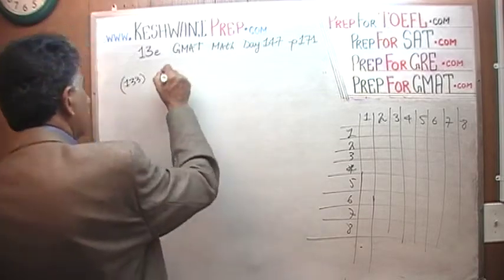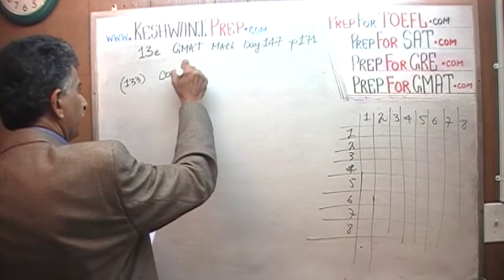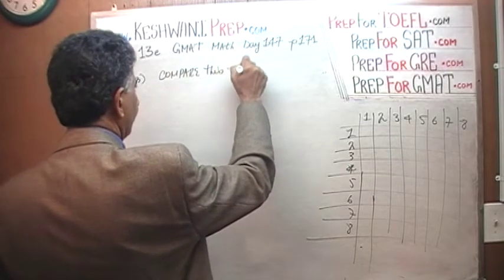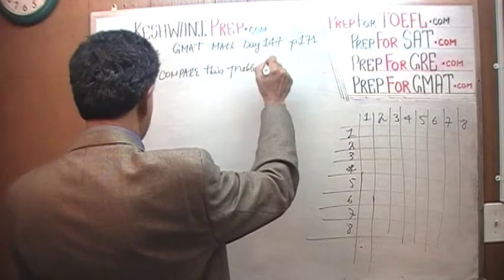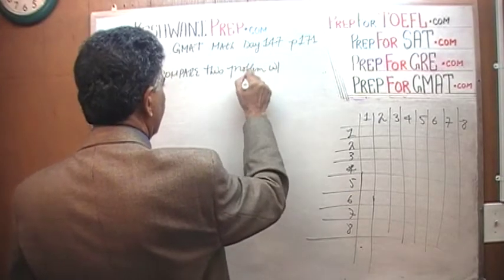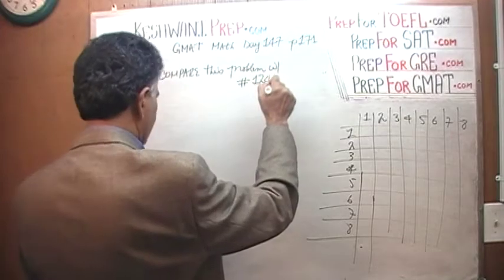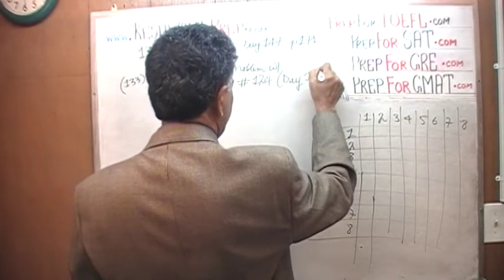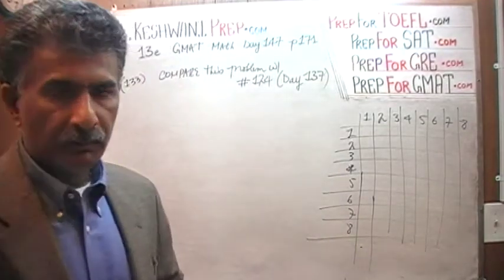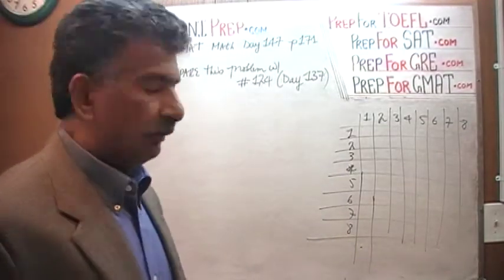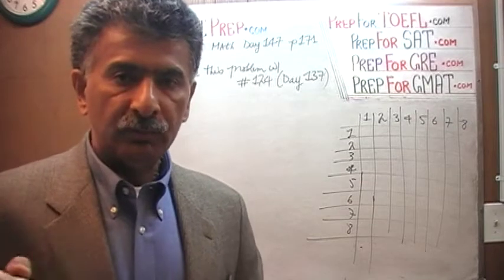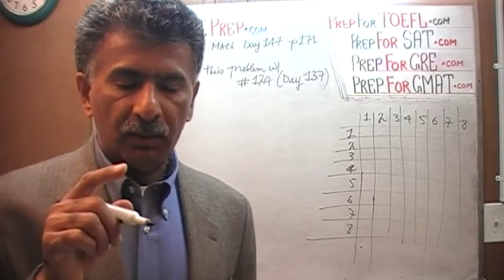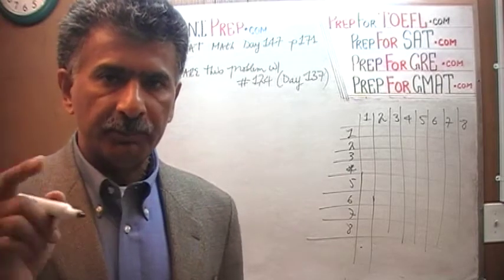Now, before you continue watching this particular example, I would like you to compare this problem with number 124 that we did on day number 137. In problem number 124, instead of 2 teams playing against each other, it shows a scenario of a map, but the distances between the cities.